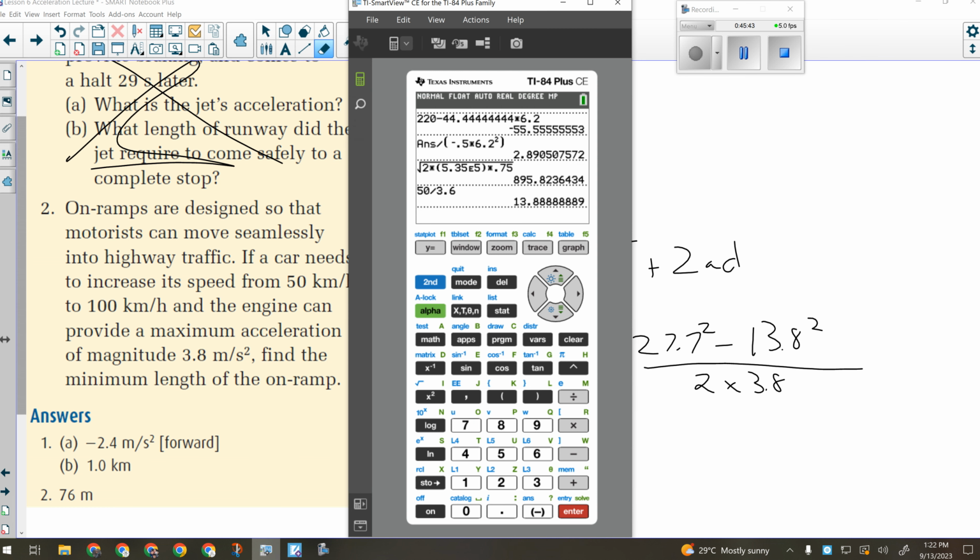So we are going to have 27.7 squared, minus that number squared, divided by 2 times 3.8. 76 meters. So that on-ramp has to be 76 meters long. All right, questions on that one?